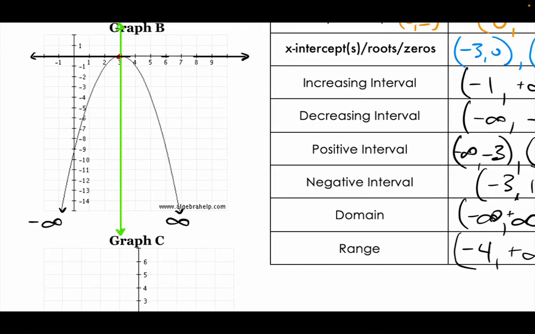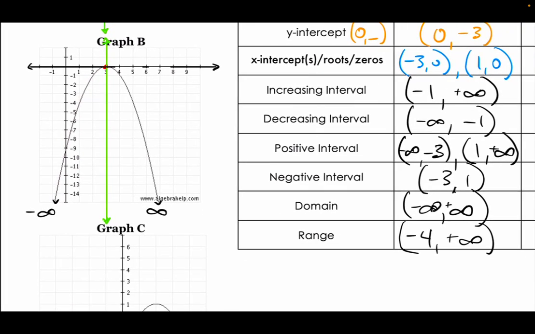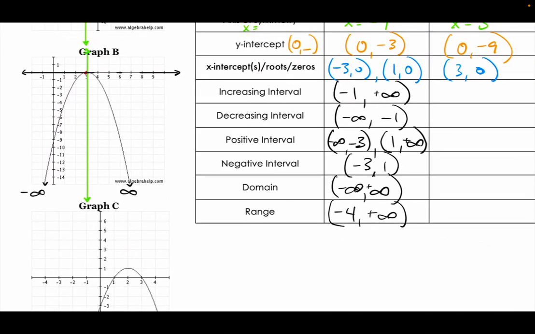So if I go up, I stop going up right there. So I go from negative infinity, and where do I stop going up? 3. So from negative infinity to 3, let's write that down.